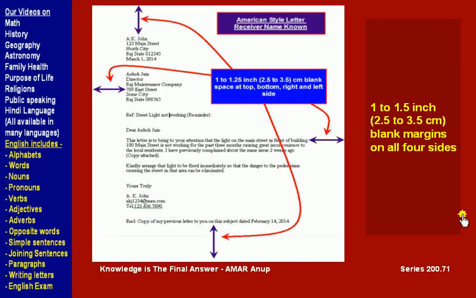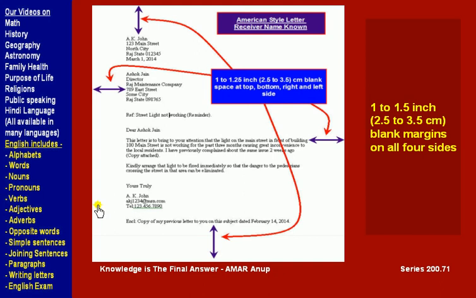First thing you note in any official letter, any style of writing of official letter, is that there is about 1 to 1.5 inch space, that is about 2.5 to 3.5 centimeter space, blank space on top, towards the bottom, towards the right side and towards the left side of the letter.